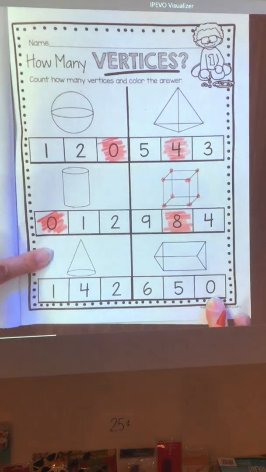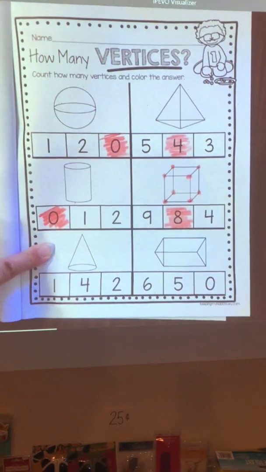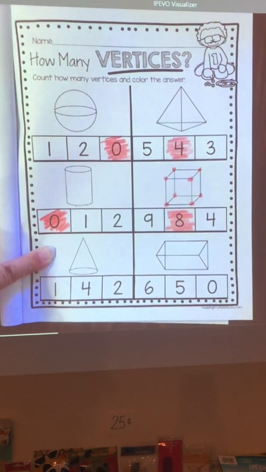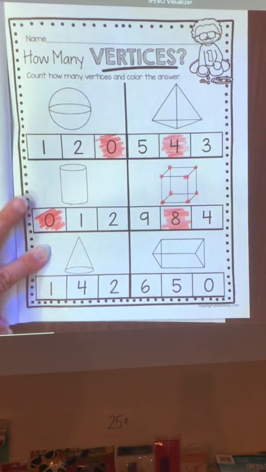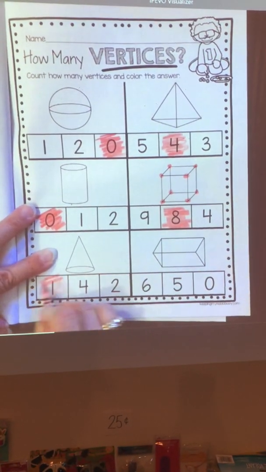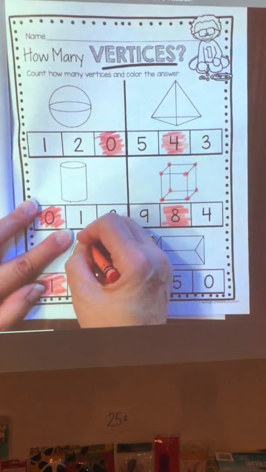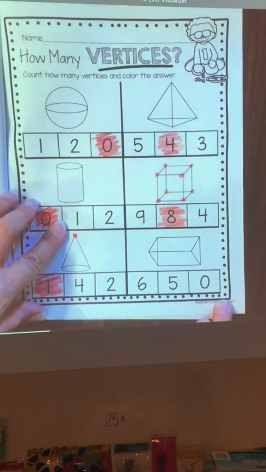Oh yeah. Anybody have any ice cream? So we can have an ice cream cone. How many vertices does this cone have? Did you say 1? Yep, there's a vertice right there. If you turn it the other way, you don't want the ice cream to fall out.